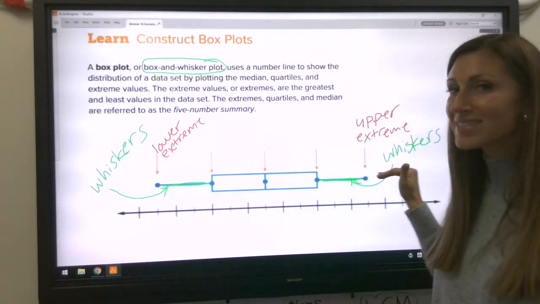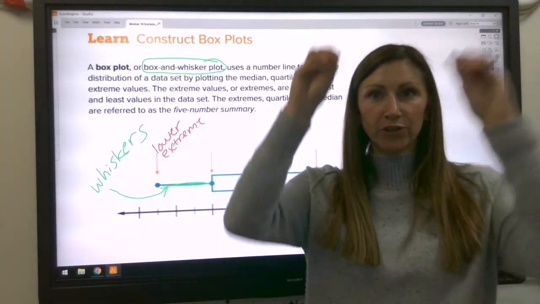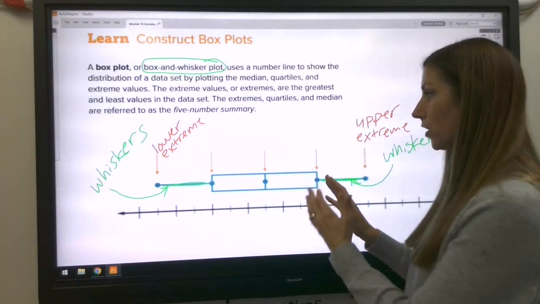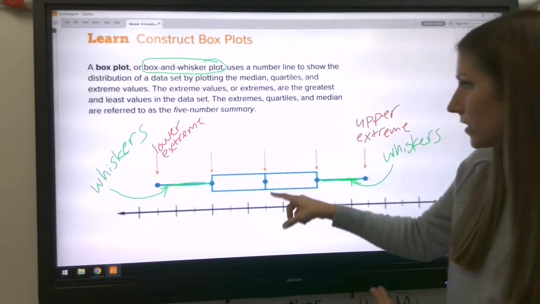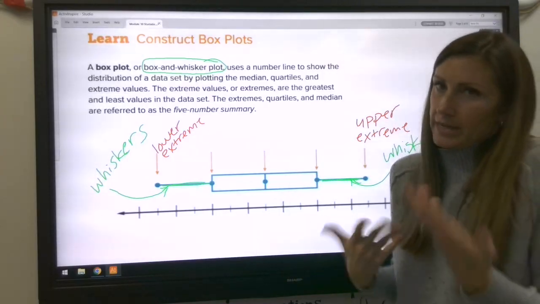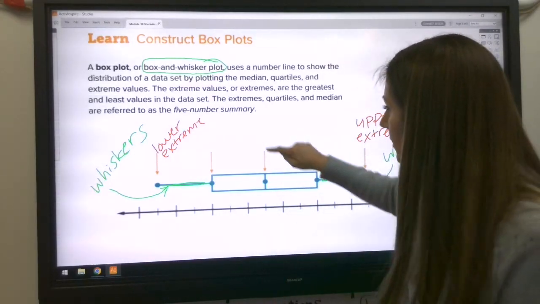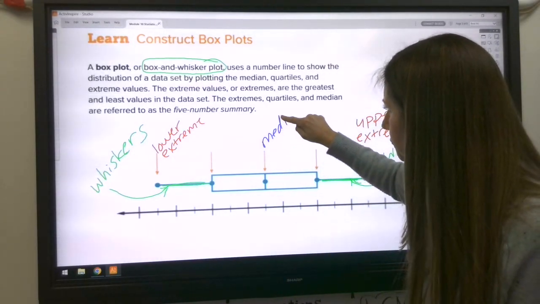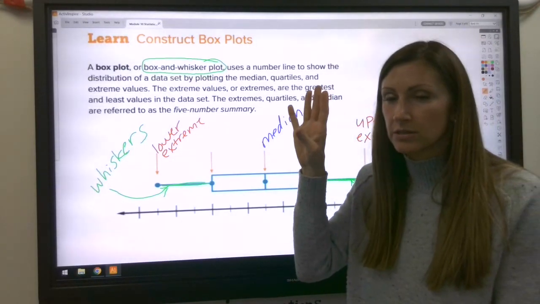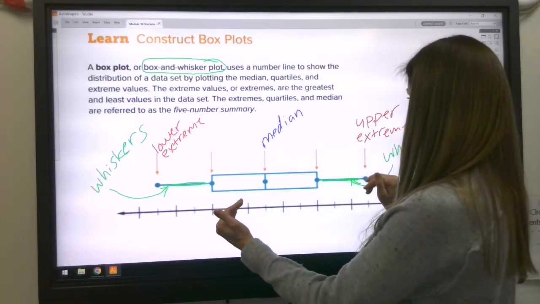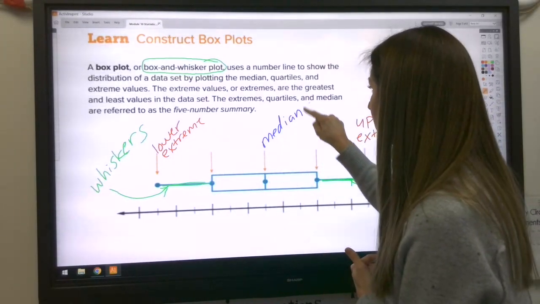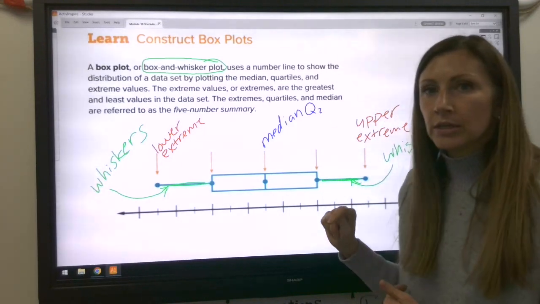Now it's not a line plot where you have all of your data plotted on there, but you do have your quartiles. So right in the middle here, let's label this one. I said it's the middle, it's the median, which is also known as what quartile? Don't goof, because we're used to just saying these two quartiles. This one is a quartile, it's quartile 2.